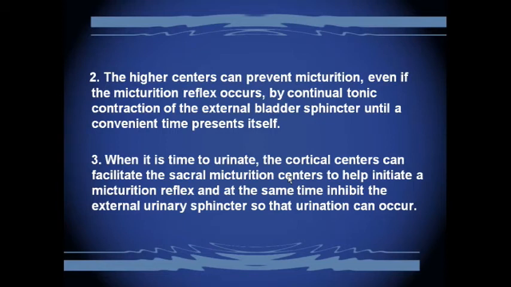Even if the micturition reflex occurs, they can cause tonic contraction of the external sphincter until a convenient time presents itself to pass urine. When it is time to urinate, the cortical center can facilitate the sacral micturition center to initiate a micturition reflex and at the same time inhibit the external sphincter so that urination can occur. So the sacral micturition center and sacral detrusor center are the two main important centers to facilitate urination.